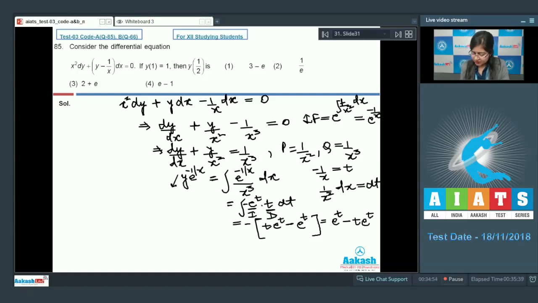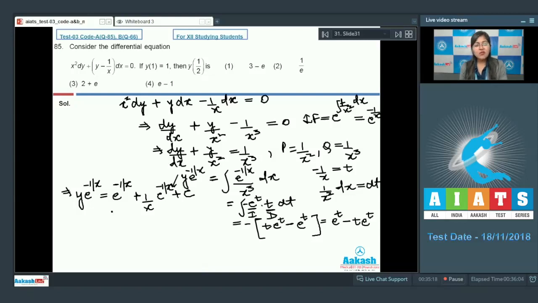Right, so this can be written equal to e^t minus t times e^t. That is, from here we get that y times e^(−1/x) is equal to e^t, that is e^(−1/x), minus t, that is plus 1/x, times e^(−1/x) plus constant. Now here it is given that y(1) is equal to 1.